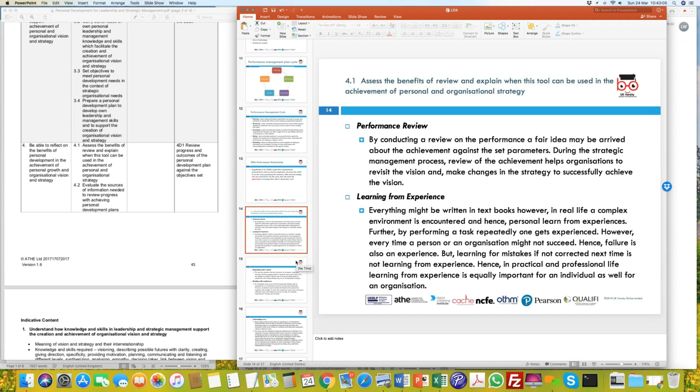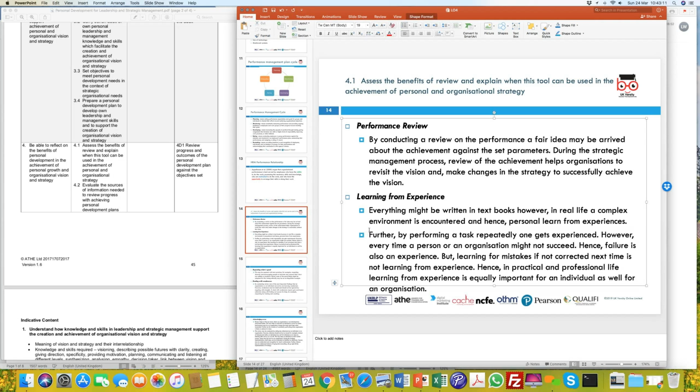So this is one of the other benefits of why we want to do review. Sometimes when you do review, organizations will highlight that this person has achieved this.